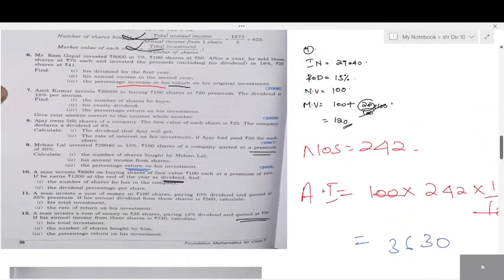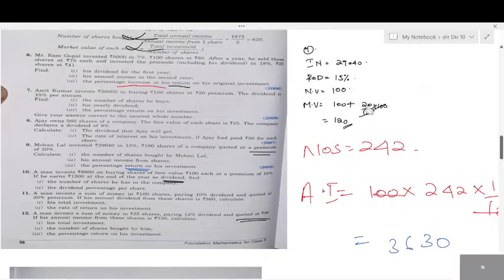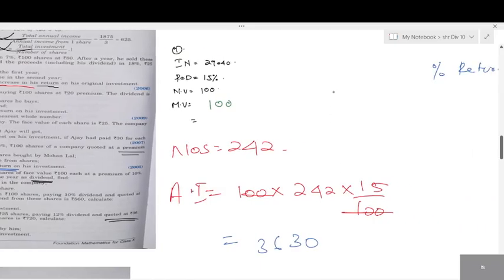Ninth question. See this one. When you're writing market value, the formula for market value is nominal value plus, if it is a premium, it is plus, or nominal value minus, if it is a loss.